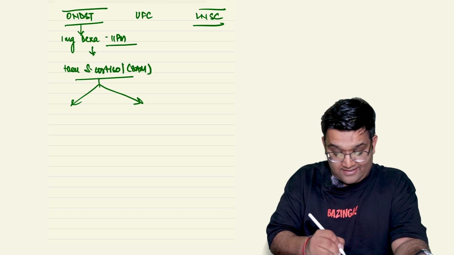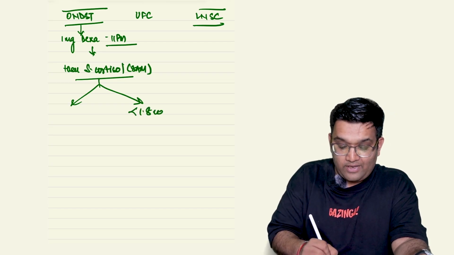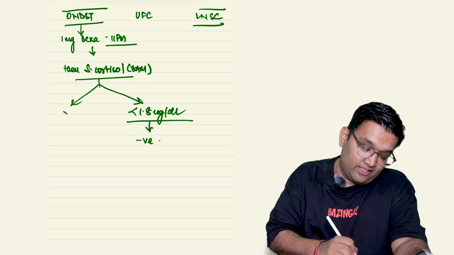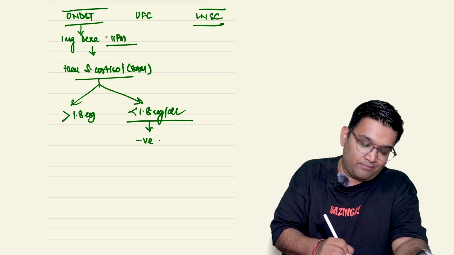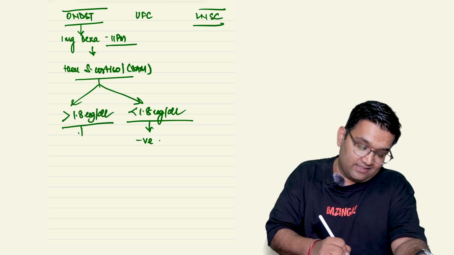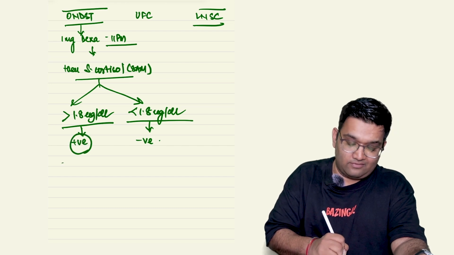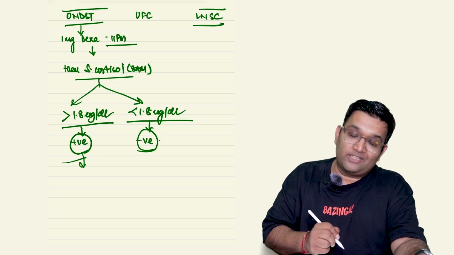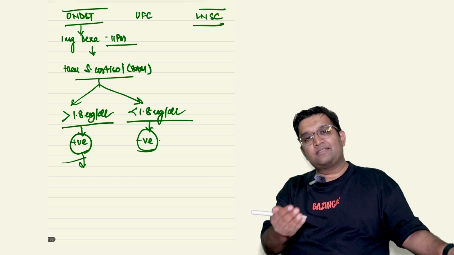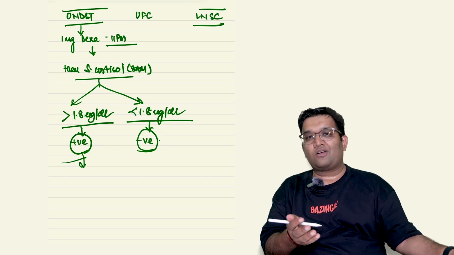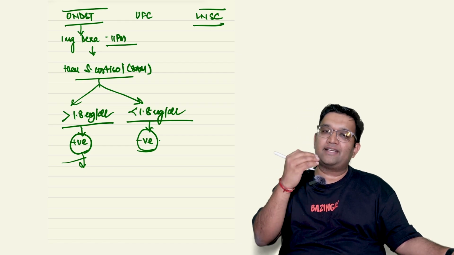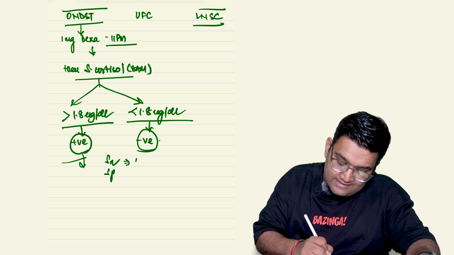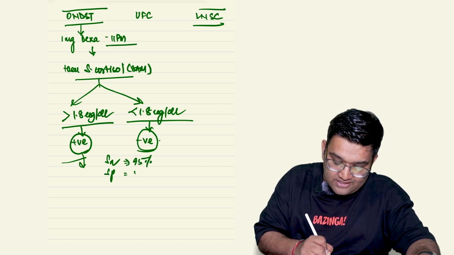If it is suppressed to less than 1.8 microgram per deciliter, it is negative, while if it is not suppressed to 1.8 microgram per deciliter, it is above that, then it is considered positive. This should be positive in endogenous hypercortisolemia because this amount of dexamethasone is not able to suppress the cortisol, because the negative feedback is set at a higher point. The sensitivity and the specificity for this is 95% and 80% respectively.